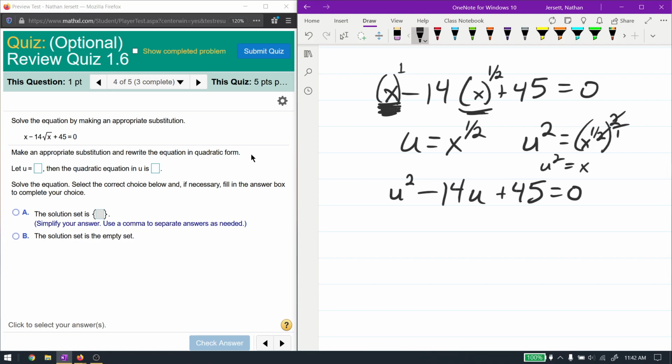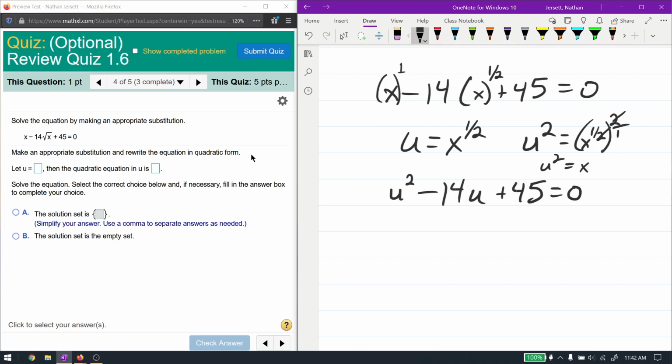Typically what will help you, if you're confused about this, is to look at whatever is this term, not the highest power, the middle power there, not the number by itself either. Look at that term and make the substitution based on that and see if this part satisfies the rest of a quadratic.